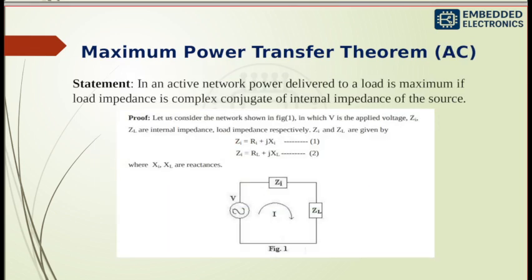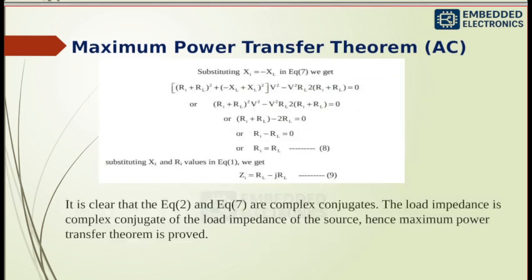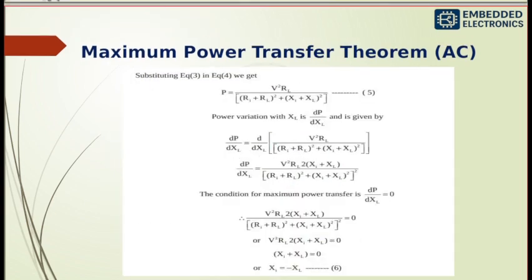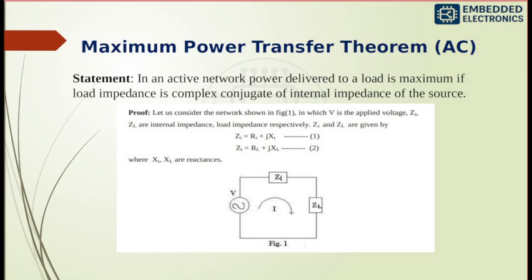Next, I will explain for AC circuits. It is a little different from the DC. Here we need to consider impedance. So Zi means internal impedance, which is in complex form, so it can be a complex conjugate form.